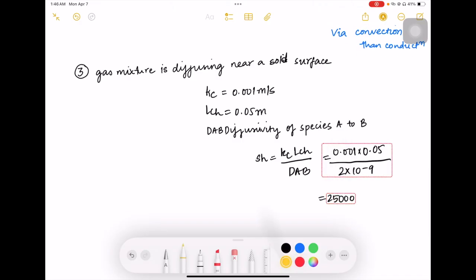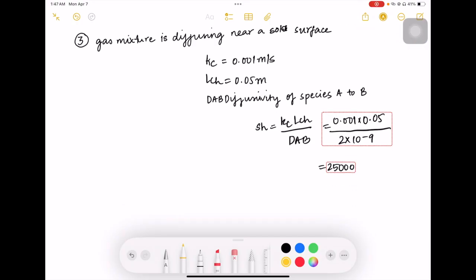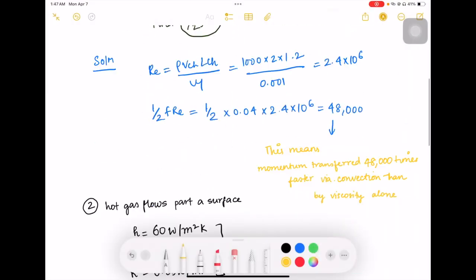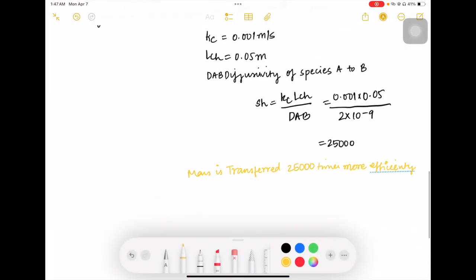What does that actually mean? This means mass is transferred 25,000 times more efficiently via convection than by diffusion.